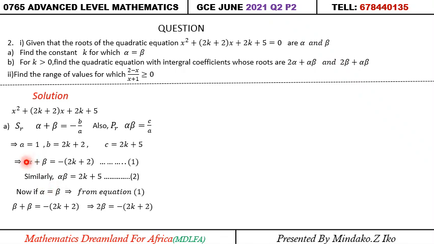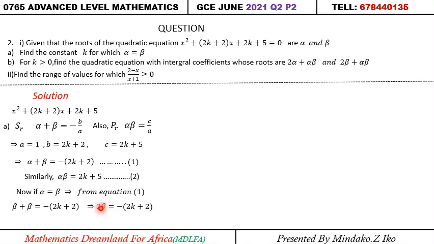So I will replace this alpha with beta. That is why we have beta plus beta, which is equal to negative of 2k plus 2. Beta plus beta is just 2 beta, and therefore 2 beta will be equal to negative of 2k plus 2.